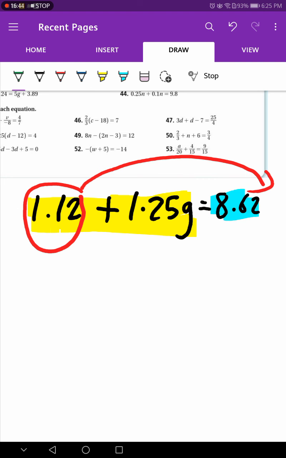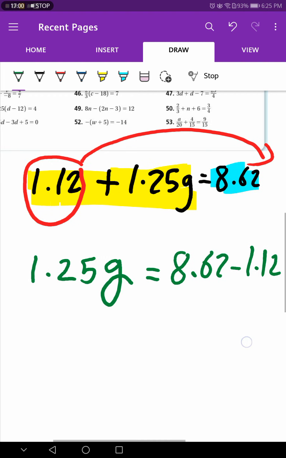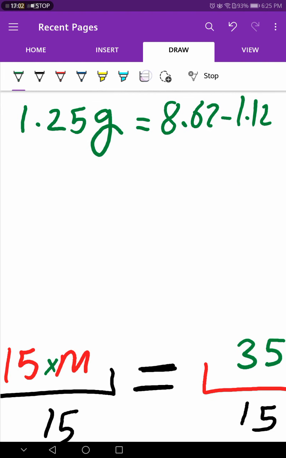So 1.25g equals 8.62 and negative 1.12. Okay, great.